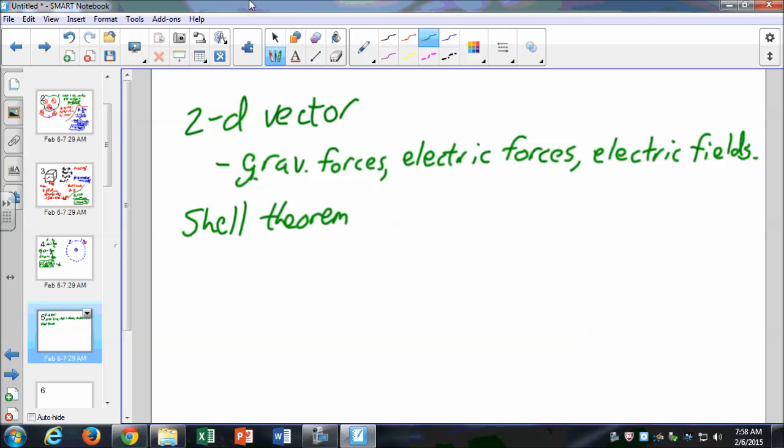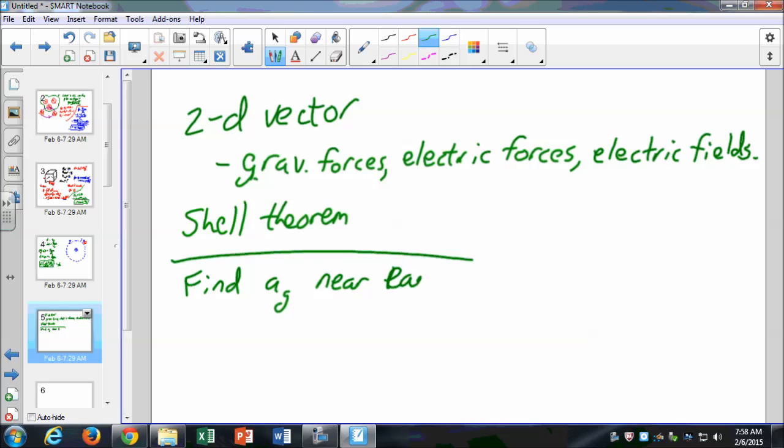Let's see. We did gravitation near Earth's surface. All right, so find the acceleration due to gravity near the Earth's surface. You had a homework problem about that, finding the acceleration due to gravity at a certain height above the Earth.